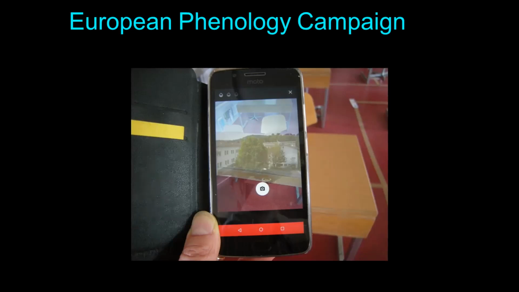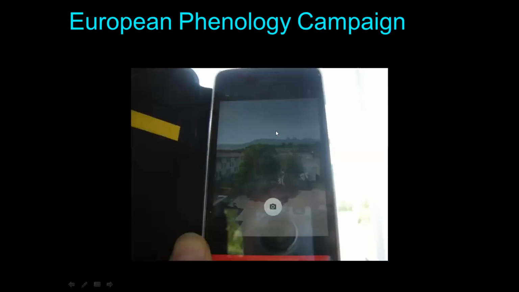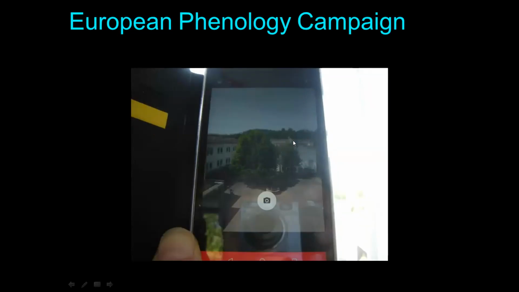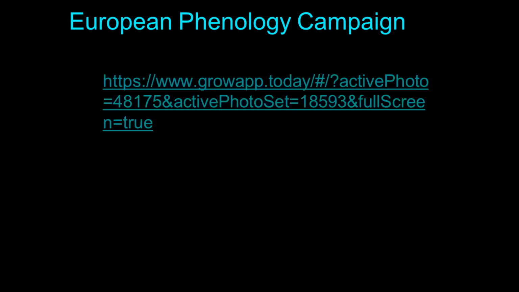So I'm in my classroom, and here you can see the first picture, but behind you can see the table and the chair. And now I go to the window, and I can adjust exactly the new picture to the old picture. It's not exactly now, but here it is exactly the same view. And now I take the picture, and then all the pictures are connected to a little movie.